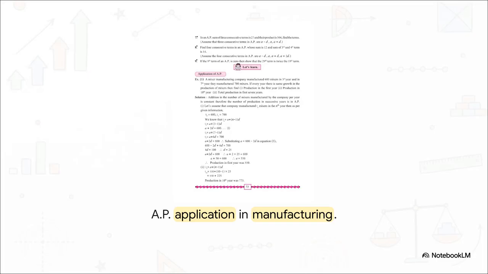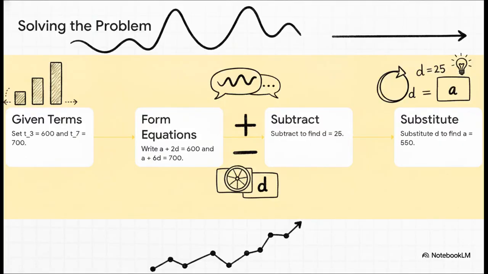Since we're assuming a constant increase in production each year, we know for a fact that these numbers form a perfect arithmetic progression. That steady growth we talked about is quite literally our common difference in real life. So let's walk through the math. Step 1, the third term, t3, is 600, and the seventh term, t7, is 700.